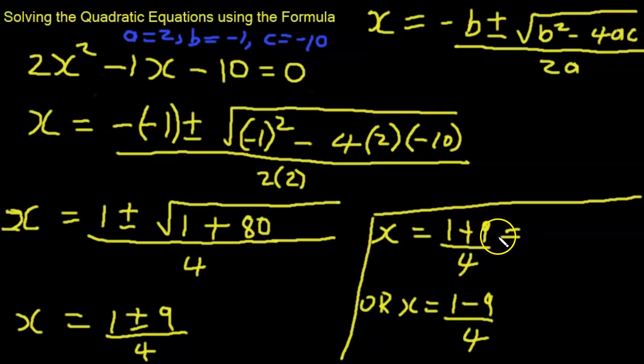And 1 plus 9, that's 10. 10 divided by 4, that's 2.5. Or 1 minus 9 is minus 8. And minus 8 divided by 4 is minus 2. So our solutions are 2.5 and minus 2. And remember, you can always check the solution.